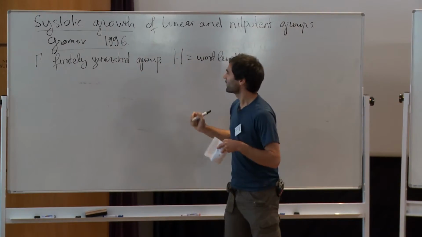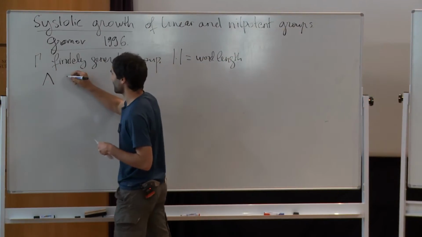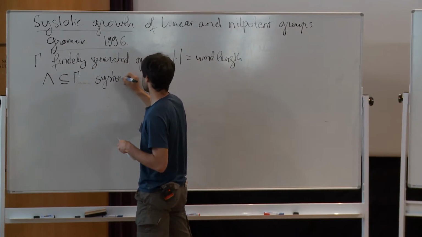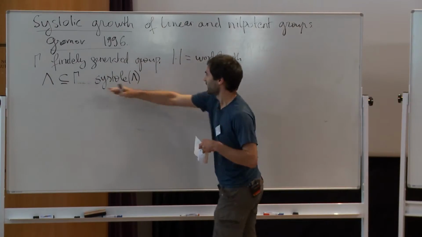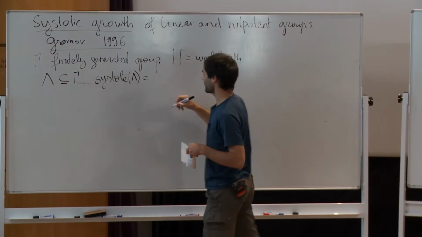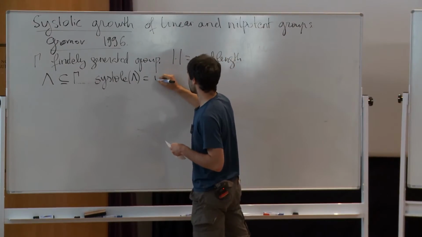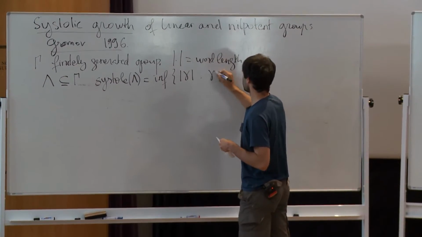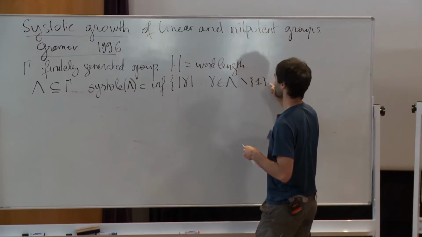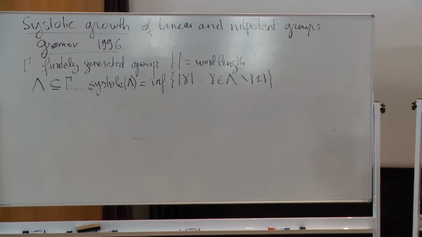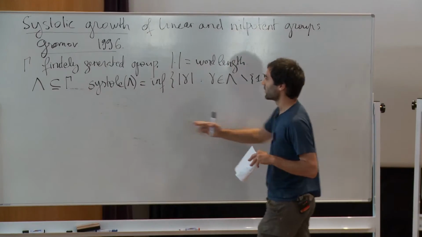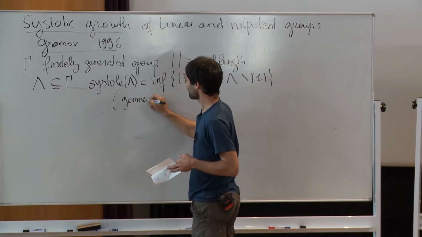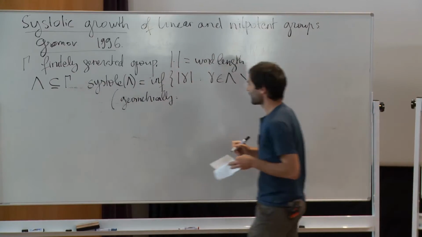First there is the notion of systole, which has nothing mysterious. If lambda is inside gamma, say a subgroup, the systole of lambda, written sys of lambda, is the smallest size of a non-trivial element. So geometrically, what is this?